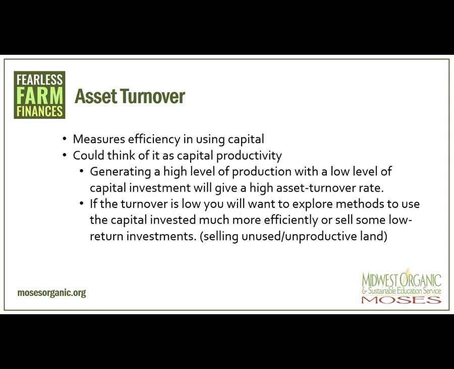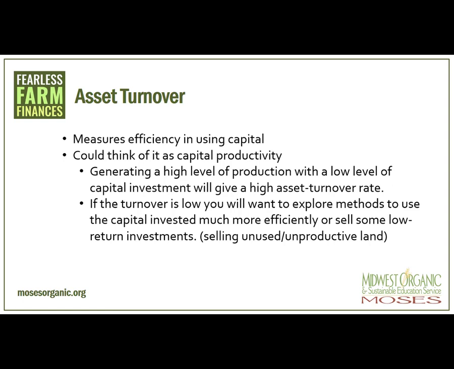So what's capital? Well, these are the assets that we have that we're using to generate revenue in our businesses. If we're generating a high level of production with a low level of capital investment, it will give us a high asset turnover rate.